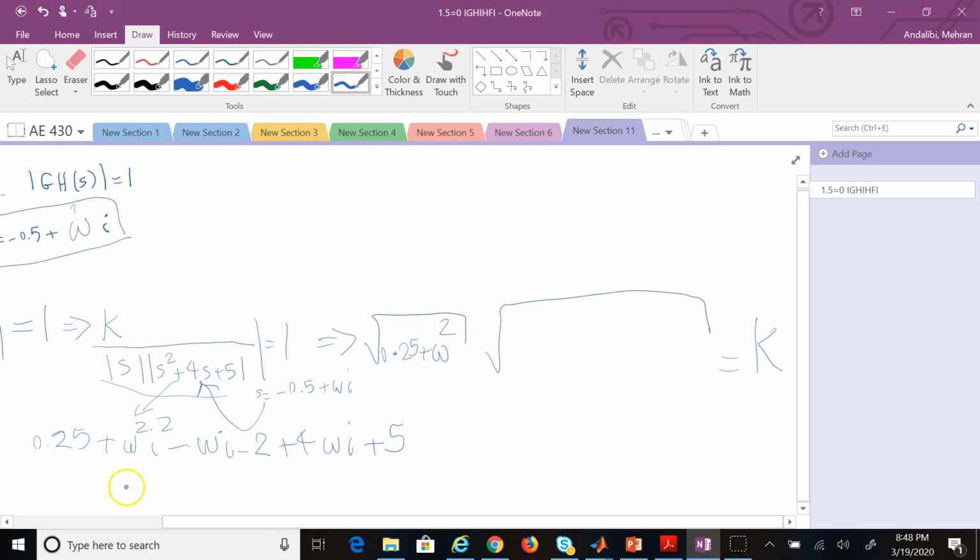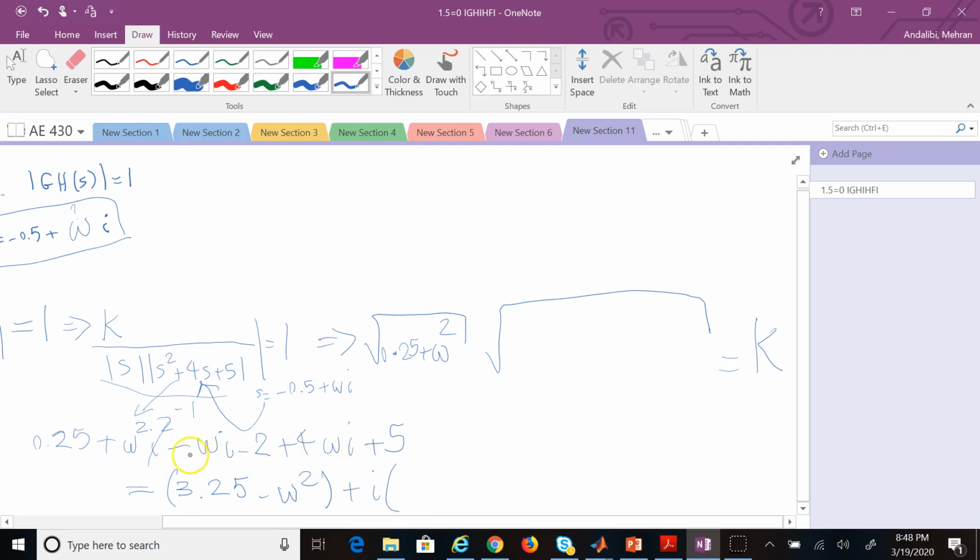And then we simplify further. Knowing that I squared is simply negative 1, now the real part will be 0.25 minus omega squared minus 2 plus 5. So 5 and 2, that's 3, so 3.25 minus omega squared is the real part, plus I times the imaginary part.